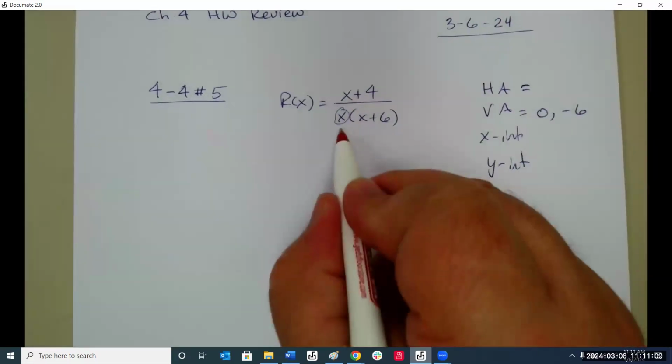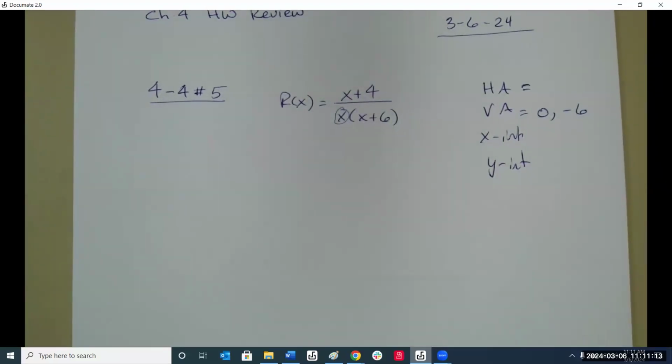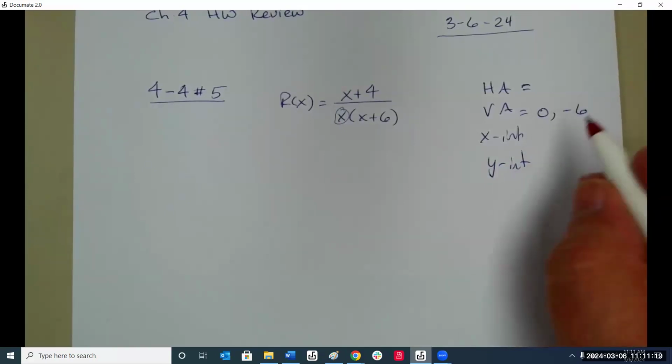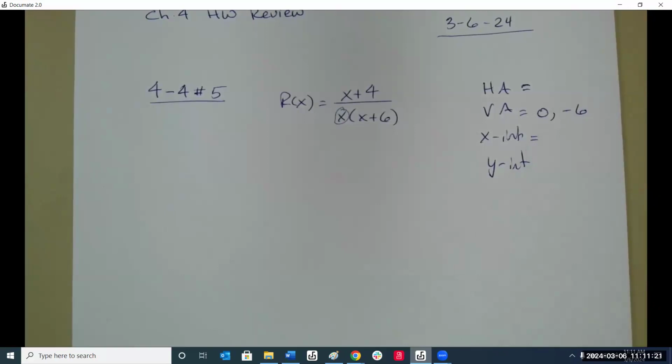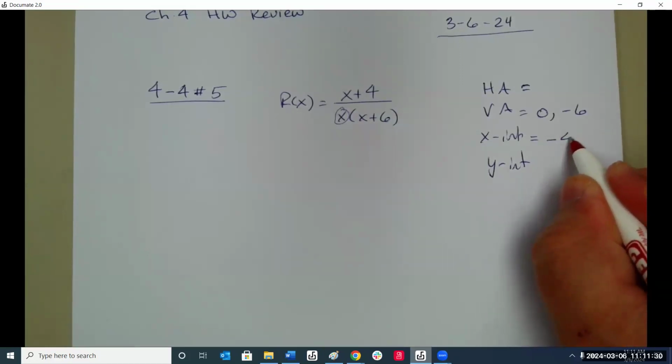Anywhere there's an x in the denominator, you have to set it equal to 0. X-intercepts: how'd you get that? Set the top equal to 0.